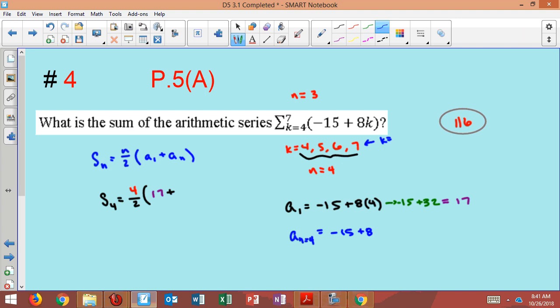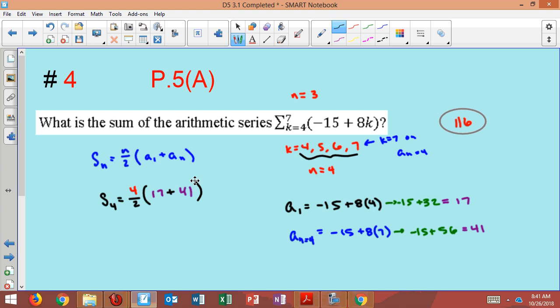So I'm going to plug in a 7 this time, because that's the last term. So when I plug that in, what do I get? Well, I would have negative 15 plus 56, which would equal 41. So I'll put a 41 there.